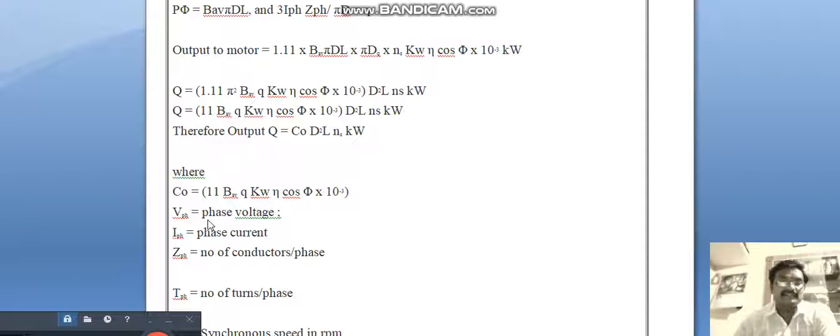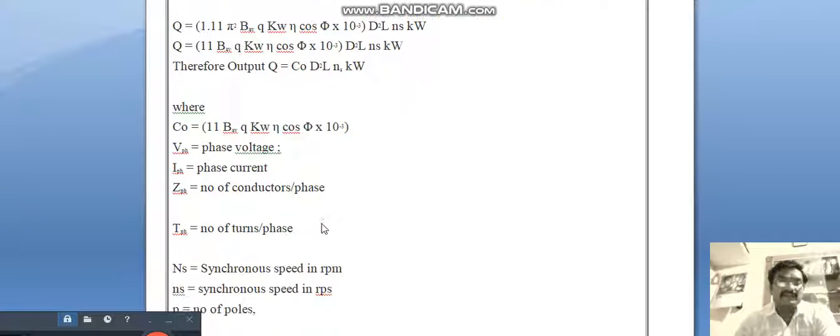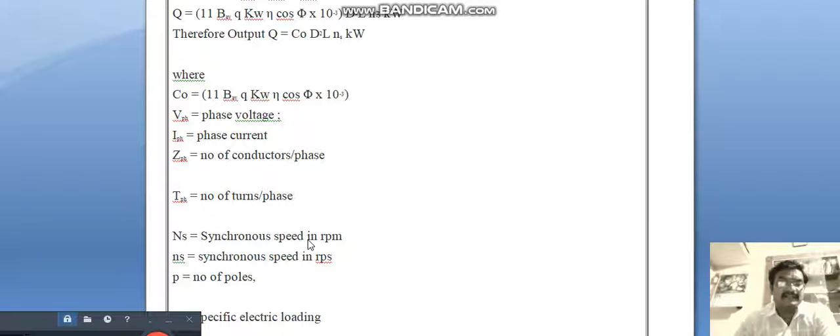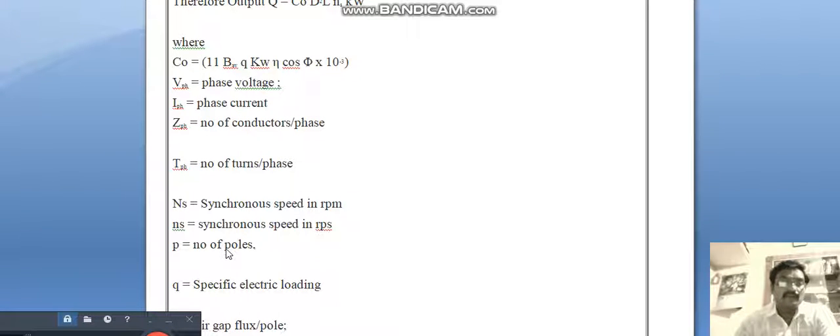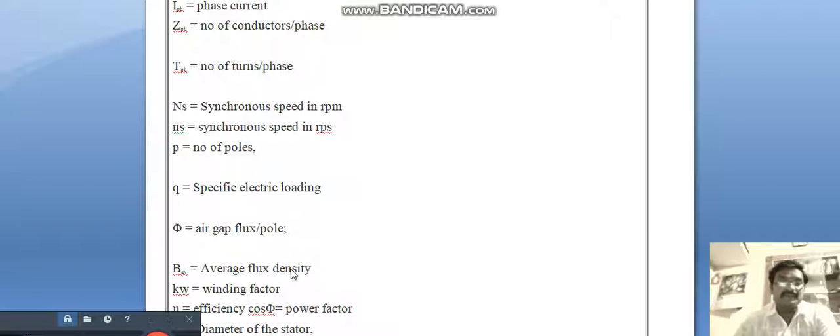V phase is the phase voltage. I phase is the phase current. Z phase is the number of conductors per phase. T phase is the number of turns per phase. Ns is the synchronous speed in RPM. Small ns is the synchronous speed in RPS. P is the number of poles. q is the specific electric loading. Phi is the air gap flux per pole.